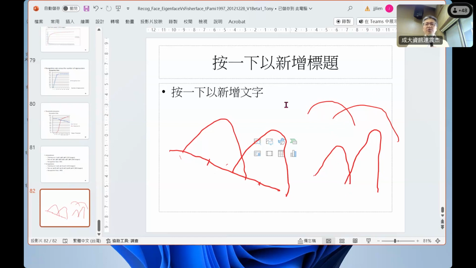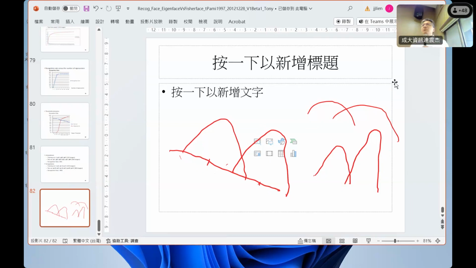So you want to find a line such that both higher dimension distributions project onto the line and are as separate as possible. That means you want mean 1 and mean 2 to be farther away and the standard deviation to be smaller. That's your purpose. So that's LDA.